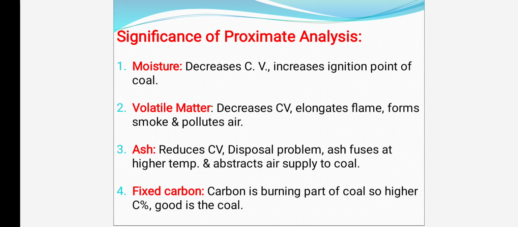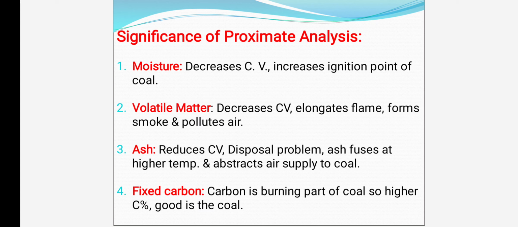It breaks the contact between the burning coal and atmospheric air, as ash gets deposited on the surface of the fuel. So burning will not take place properly if there is a deposition of ash on the surface of coal.